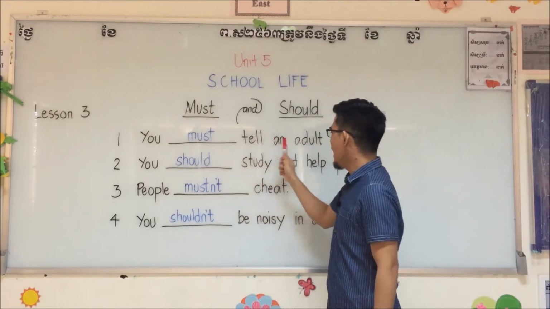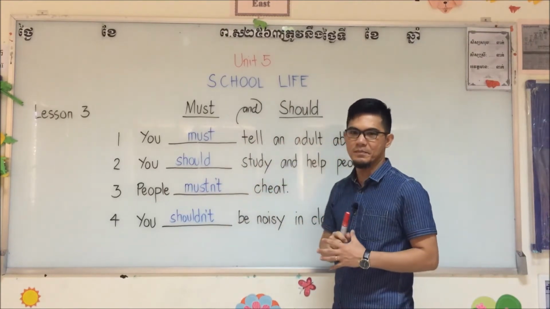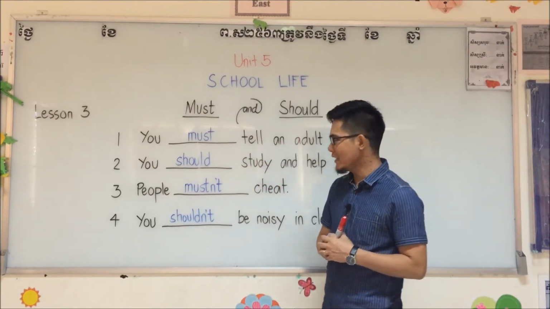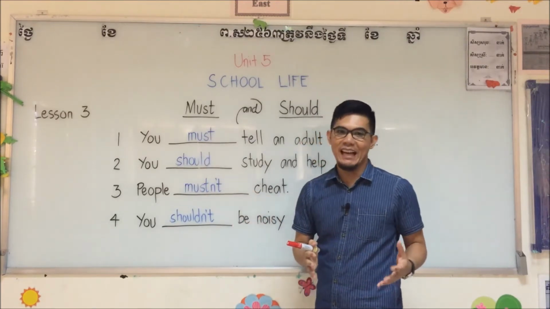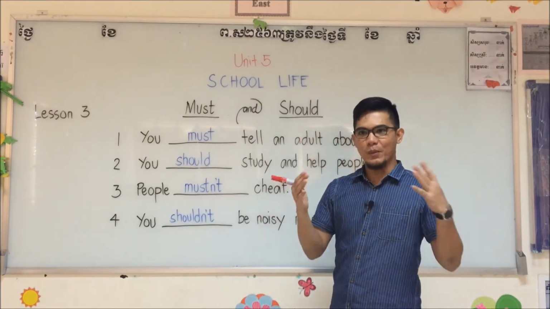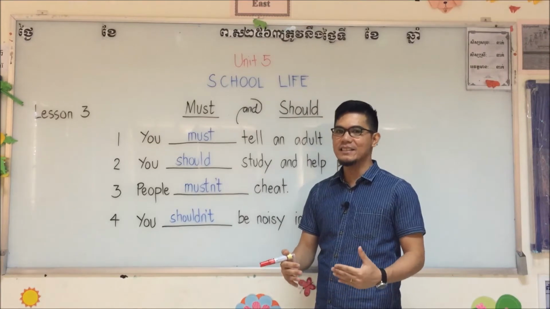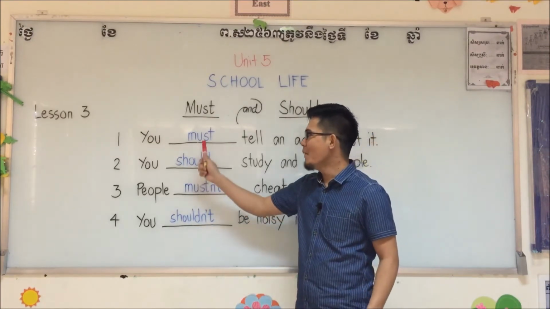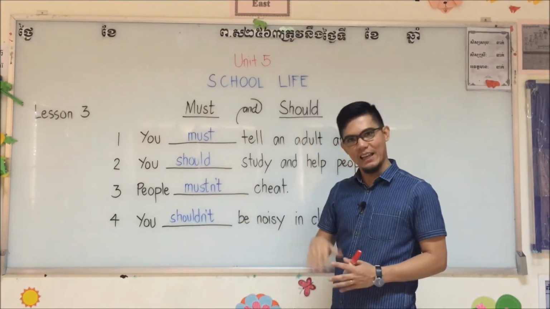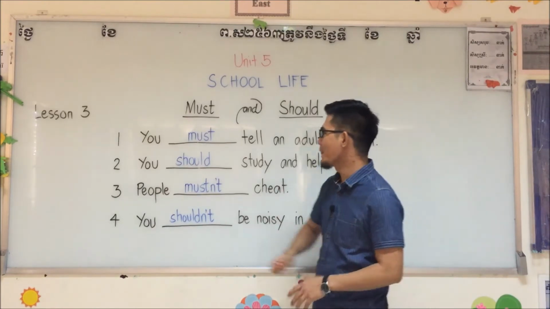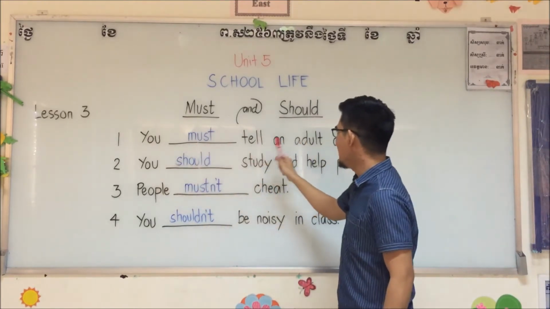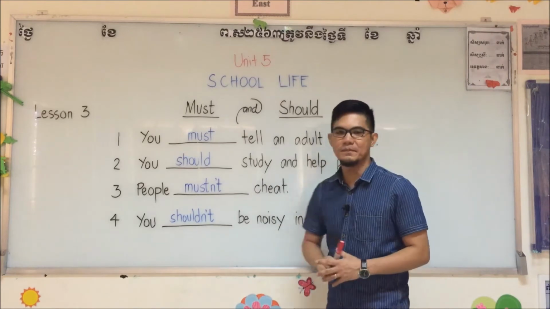You tell an adult about it. The correct answer is must. Of course, I gave you the correct answers already, but we need to realize why we use must. Again, let's go back to number 1. You must tell an adult about it.